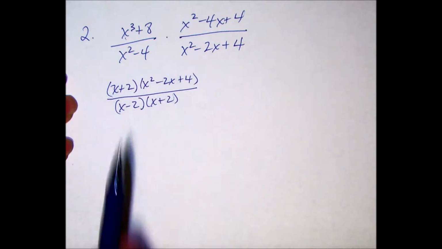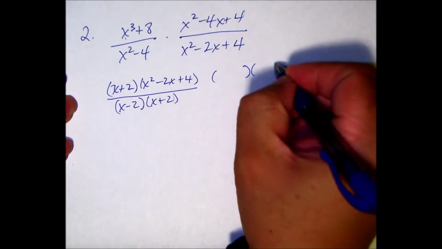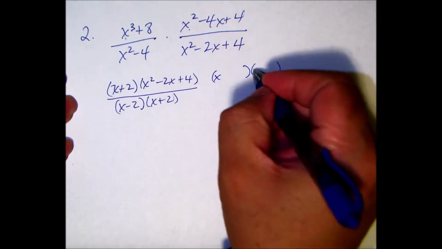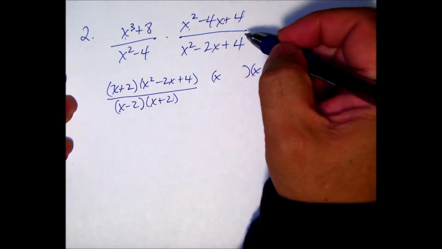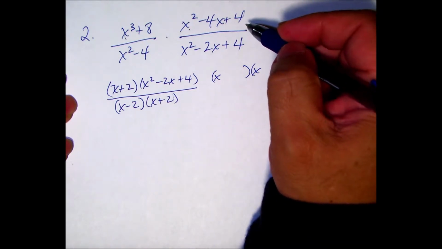Now let's look at this one. I'm going to factor this similarly. X squared is x and x, so there's no choice for x squared. That's the only way x squared can be broken down in terms of multiplication. Now, 4 has several choices. You might think there's only 2 times 2, but there's also 1 times 4.